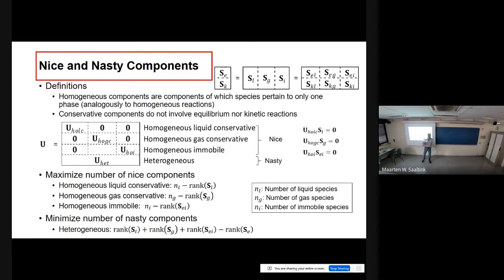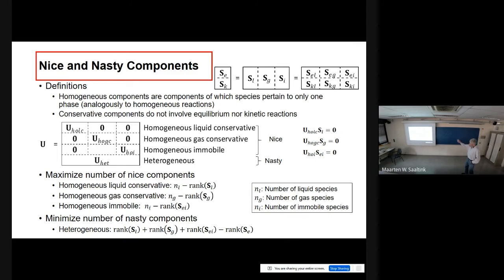Another one is conservative. Conservative doesn't involve equilibrium or kinetic reactions. Of course, by definition, the components always get rid of the equilibrium reactions. But I say, if it is completely conservative, it doesn't involve equilibrium, nor kinetic reactions.